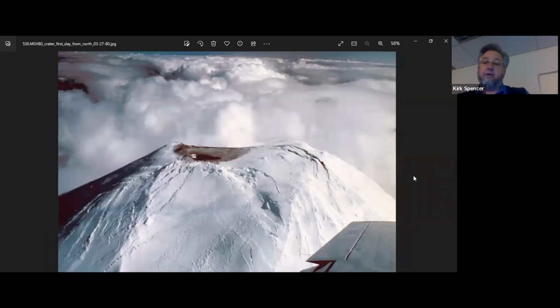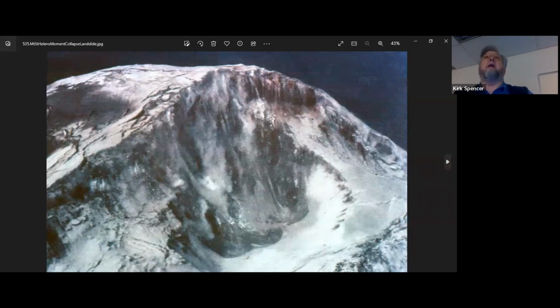This photograph was taken at the very moment the eruption occurred. The fracture you see there is actually the beginning of a landslide. One of the largest landslides ever videotaped, which you see here.